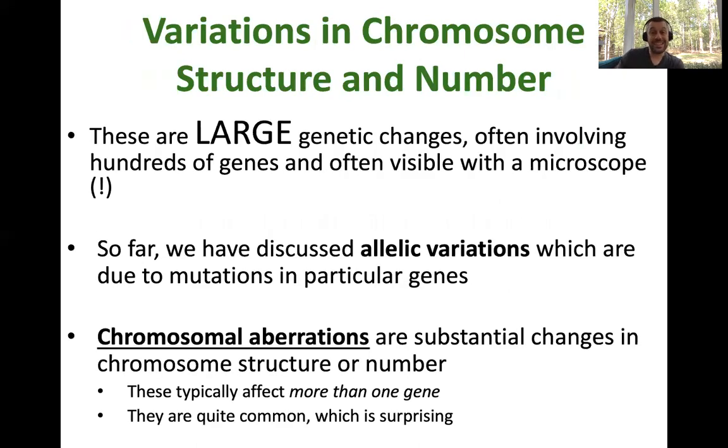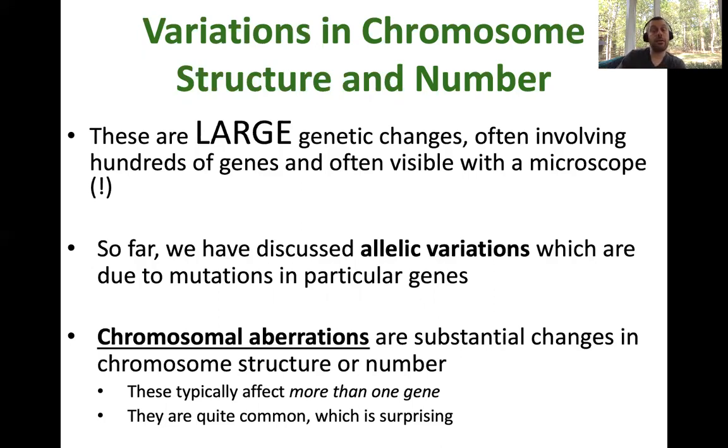So to date in this class, we've mostly been talking about what I would call allelic variations, when we've talked about differences in DNA sequence from one organism to the next. So one gene that has different alleles in various forms. Today's section of the class is dealing with large genetic changes, which means often hundreds, even thousands of genes.